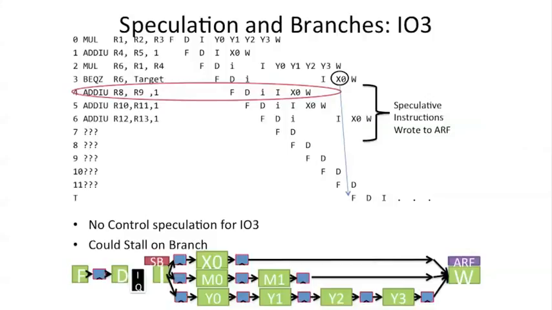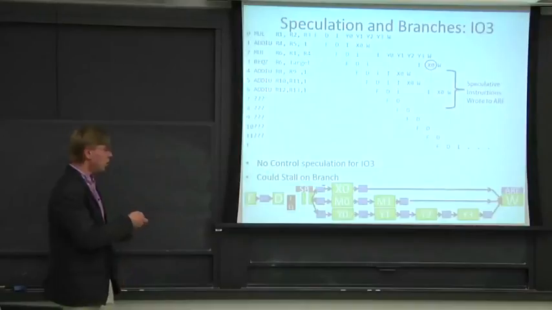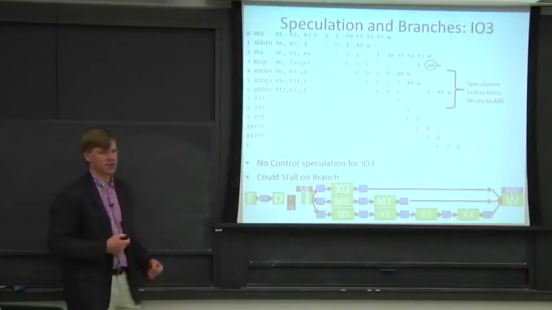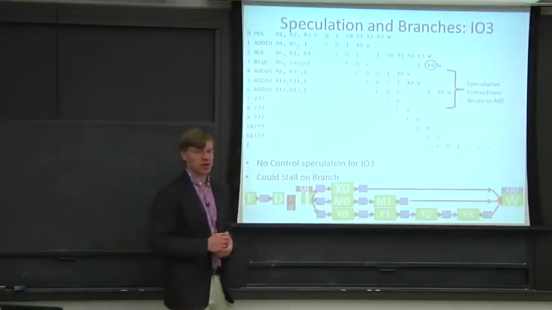We wrote non-rollbackable state, if you will, or a state that is not able to be rolled back. And we actually committed the wrong state, and this speculative instruction was not supposed to have executed in correct program order. So this is the same problem that we see with imprecise exceptions showing up here. So one thing you could do is you could have a pipeline like this, and you can try to fix this by not having any form of control speculation.